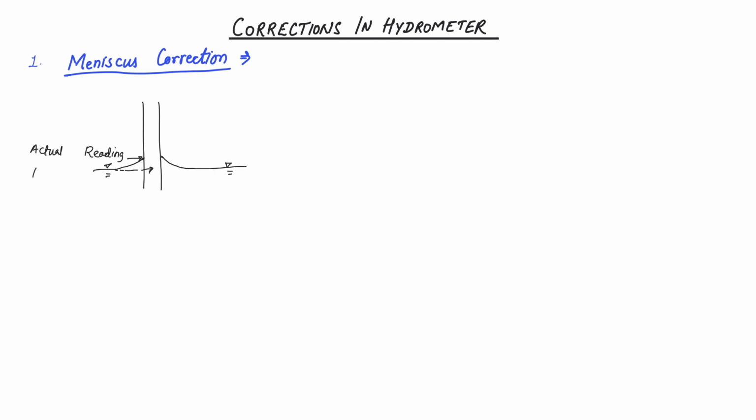If I ask you what the correct reading should be, the correct reading should be taken here only. So because of the presence of the meniscus, I have observed a bit higher reading, at a point higher than the correct marking which should be read here.